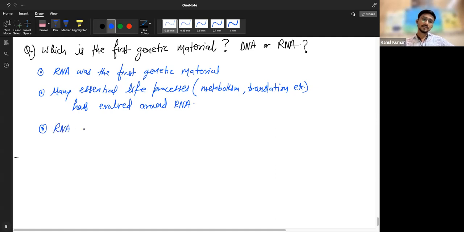Second evidence is that RNA can serve as a genetic material as well as a catalyst.